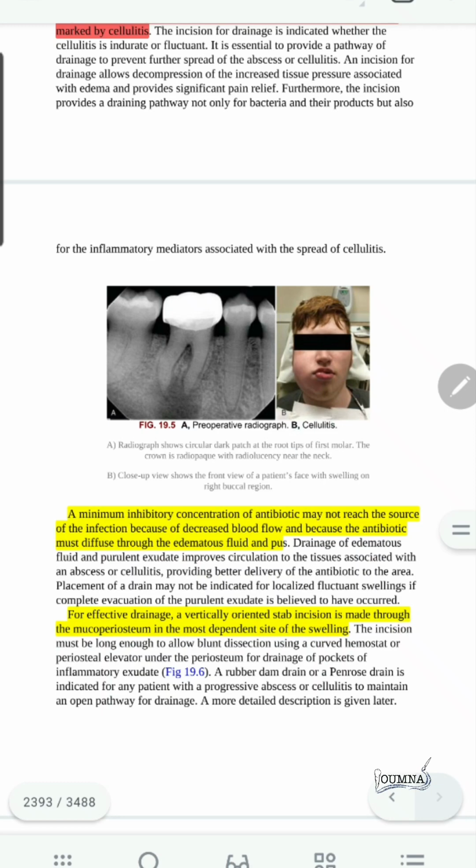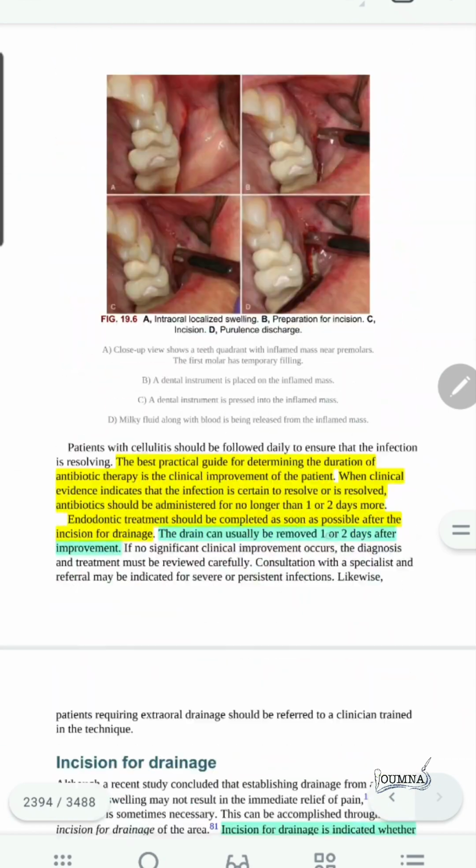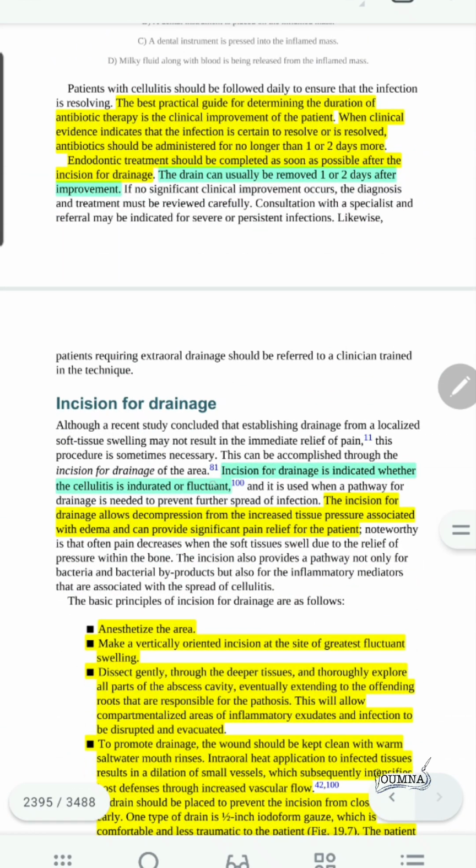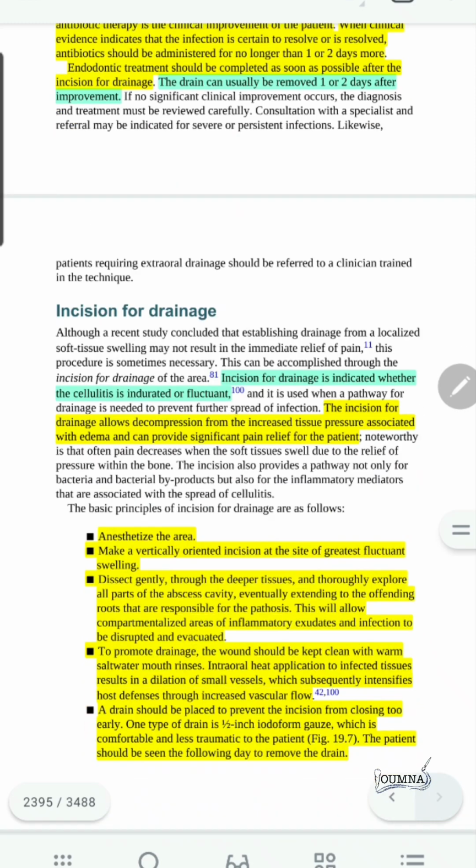This is what I have studied before, but here they are saying that in both cases we must do the drainage. So if any of you doctors have knowledge about this, please inform me about it.